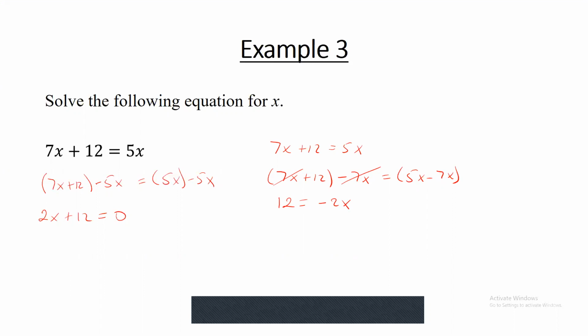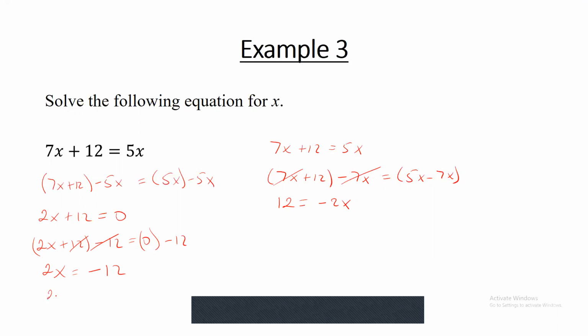And so just to finish the problem, on the left side, if we got to 2x plus 12 equals 0, we could subtract 12 from both sides. Right, 0 minus 12 and 2x plus 12 minus 12. Canceling the 12s, giving us 2x equals 0 minus 12, which is negative 12.